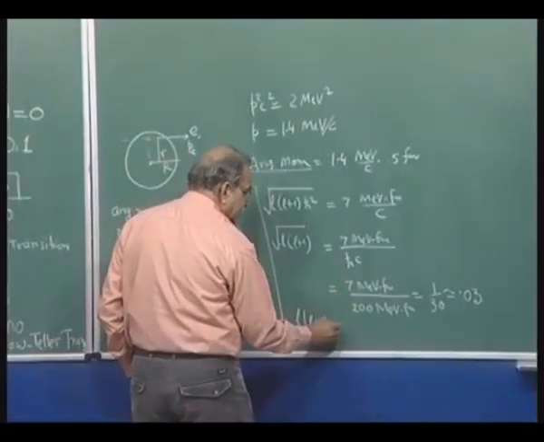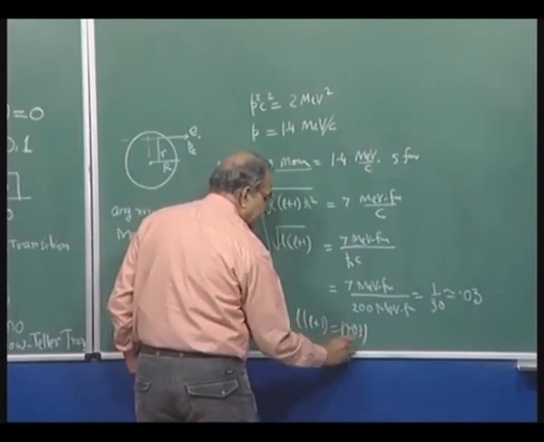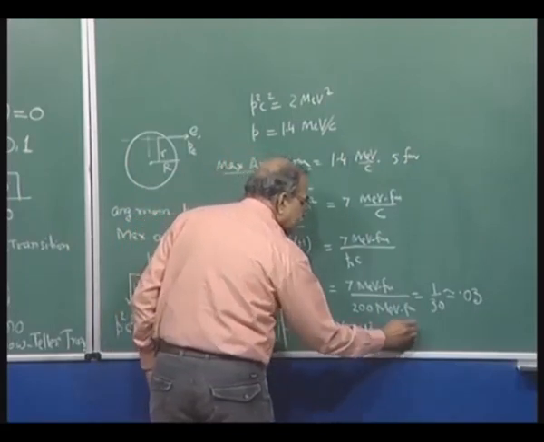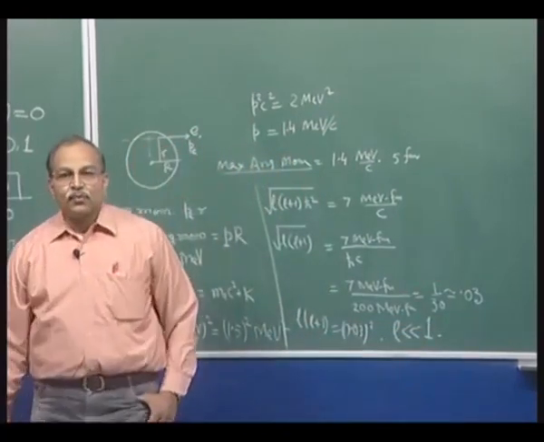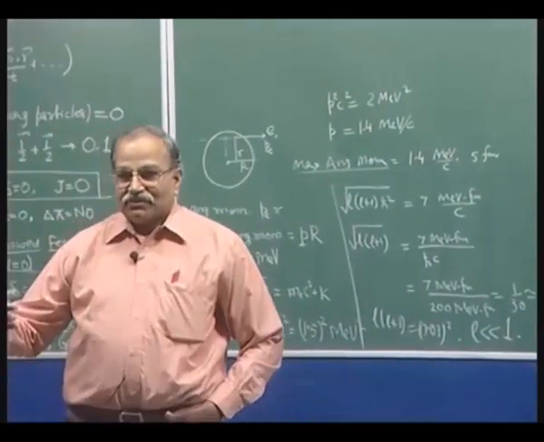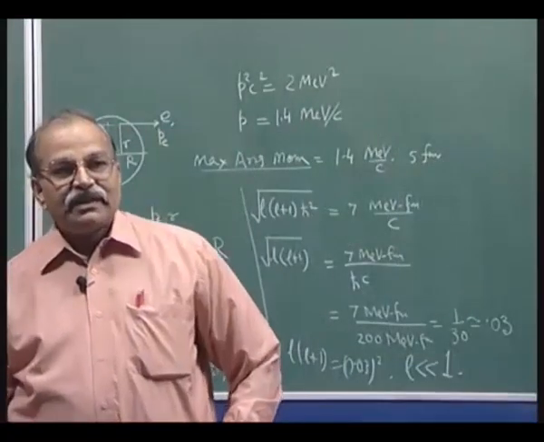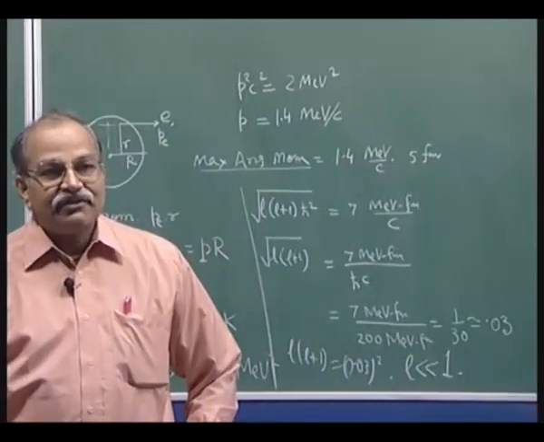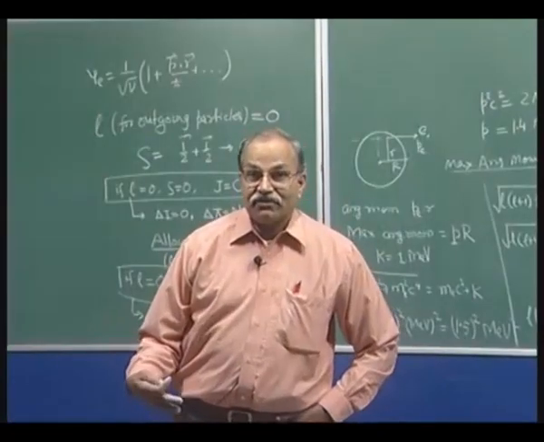Okay. So, if you try to get L from here, that L is going to be very small as compared to 1. So, it is quite unlikely or much less probable for these electrons, neutrinos to take away an orbital angular momentum more than L equal to 0.